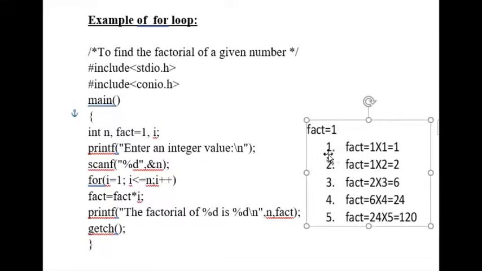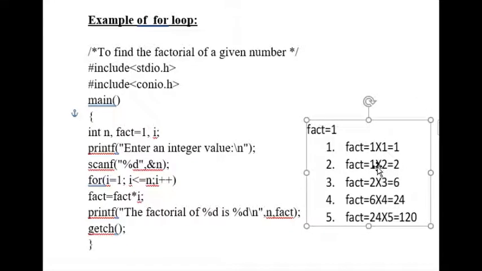Now, in the first iteration the value of i is 1, so the initial value of fact, 1, is multiplied by the value of i as 1, 1 into 1 is 1. Now, the value of fact becomes 1, it will remain 1 because if we multiply 1 by 1 the value will remain 1 only.